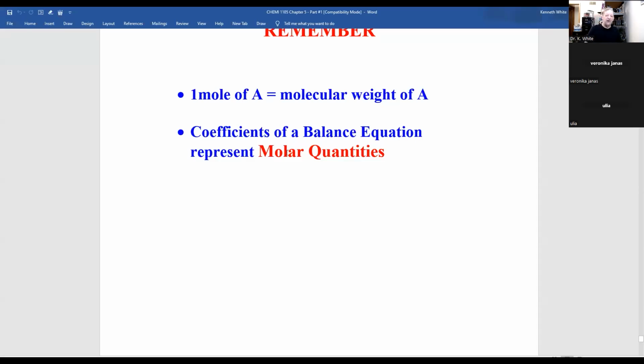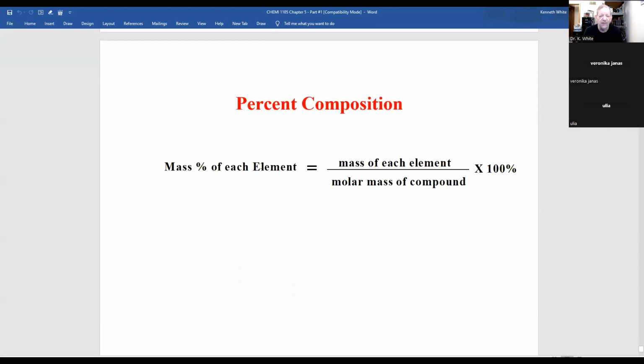And as I've been showing you, 1 mole of a compound equals molecular weight, and the coefficients of a balanced chemical equation represent molar quantities. Now, I'm going to turn the switch off, click for this one, and there's something called percent composition, and that's the mass percent of each element.